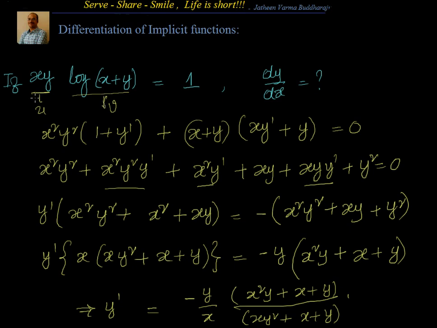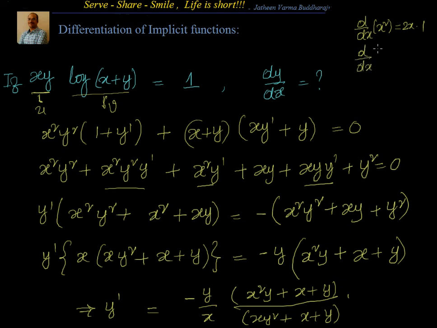So to recap, whatever we have learned, always remember, whenever you have differentiation of implicit functions, when you do the derivative of x square, it is always 2x into d by dx of x, which is equal to 1.